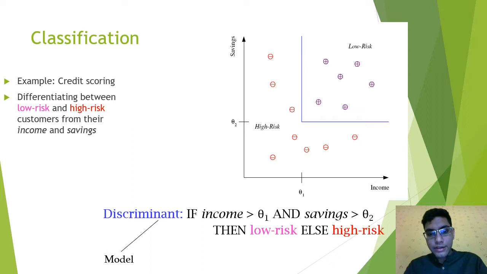Now here you can see the graph. Theta 1 is on the income line as the x-axis, and savings are on the y-axis, where theta 2 is. The discriminant is: if the income is greater than theta 1 and the savings are greater than theta 2, then it is low risk, because the credit score will be good, so the loan can be paid easily.